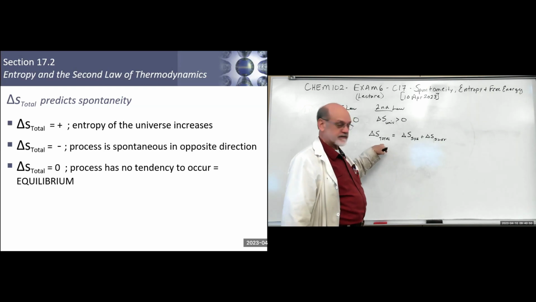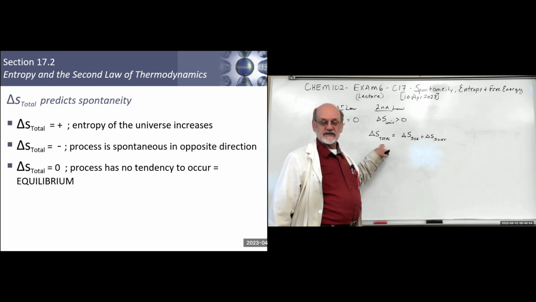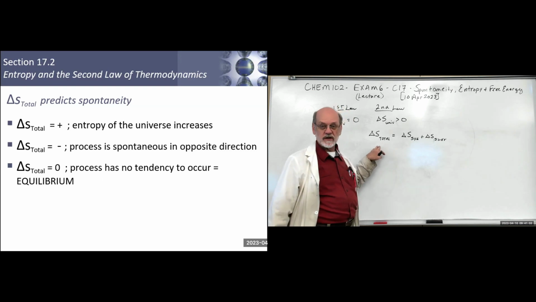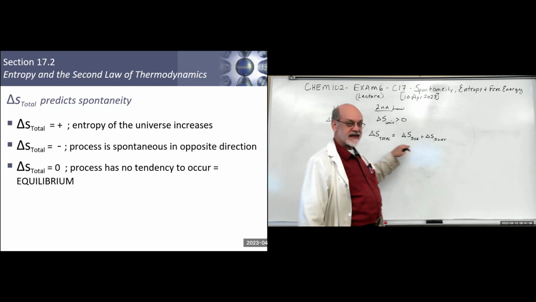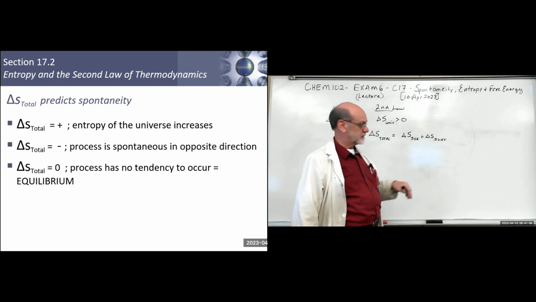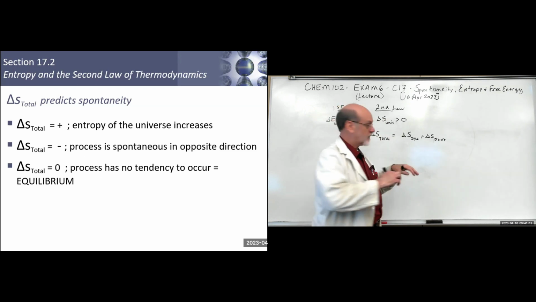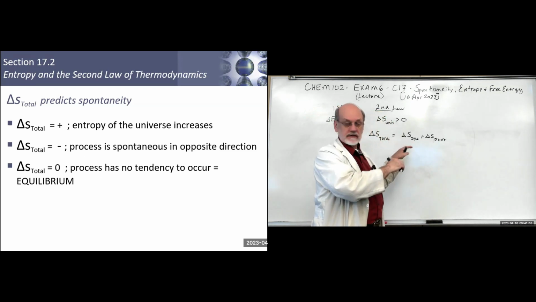If this is negative, then the process is non-spontaneous in its current direction, but in the reverse direction, it will be spontaneous. And if this is 0, that means the process has no tendency to occur and we're at equilibrium. So under an equilibrium situation, these two would be equal and opposite.